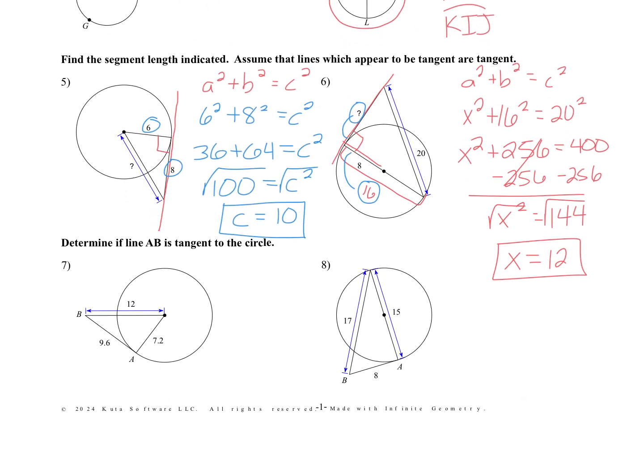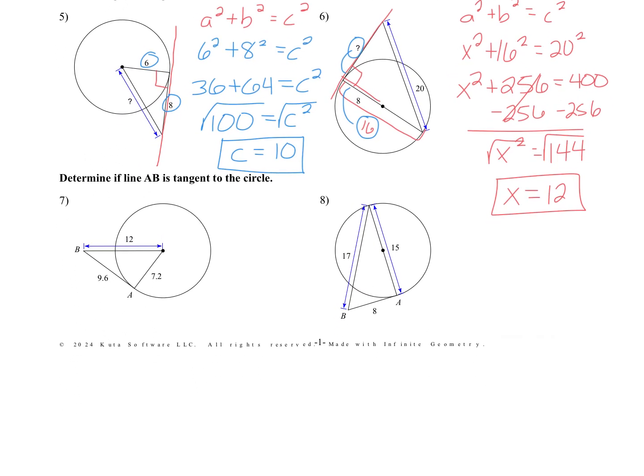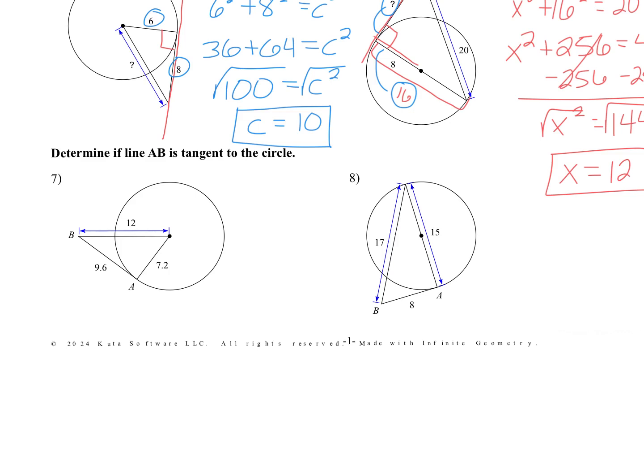All right. Similar on number 7 and 8, we want to know if it's a tangent line or not. Okay, what theorem are we going to use to determine if it's a tangent line? The same formula, Pythagorean theorem. Okay, so we're still going to use our a squared plus b squared equals c squared. Where is our right angle at?